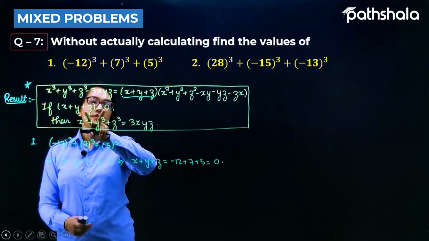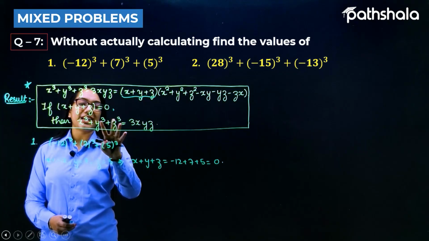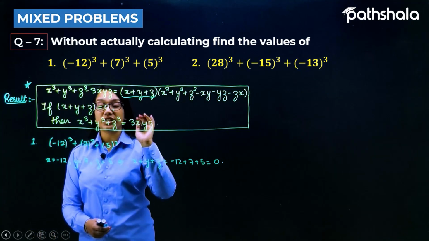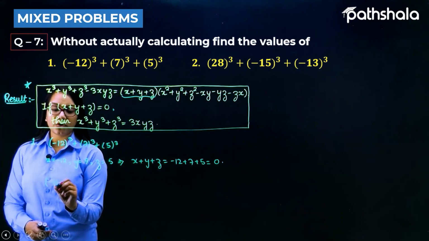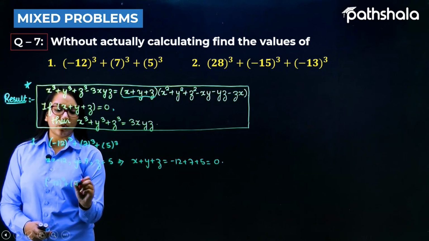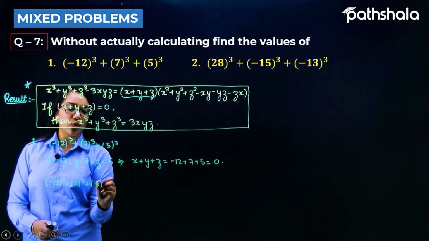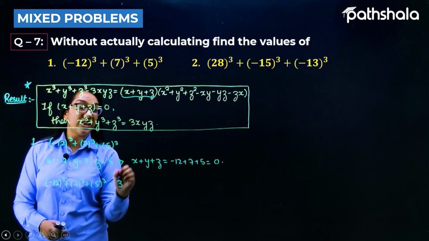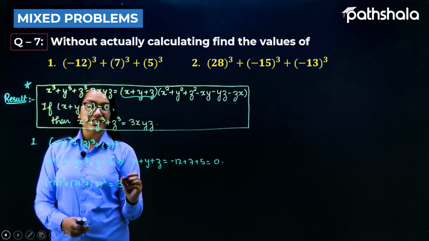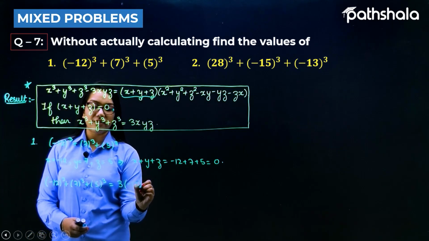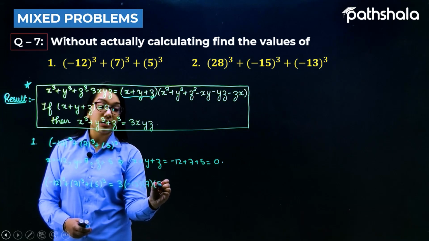So if x plus y plus z is equal to 0, then it says x cube plus y cube plus z cube is equal to this term. So it means that minus 12 whole cube plus 7 whole cube plus 5 whole cube is equal to 3xyz. What is x? x is minus 12, y is 7, and z is 5.